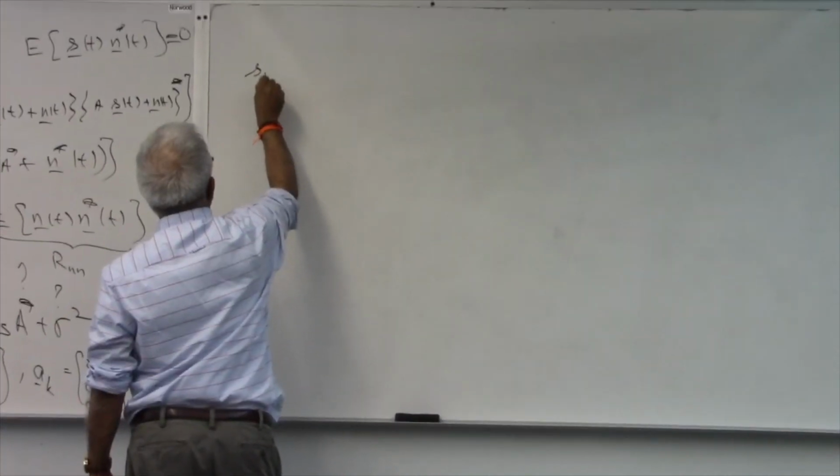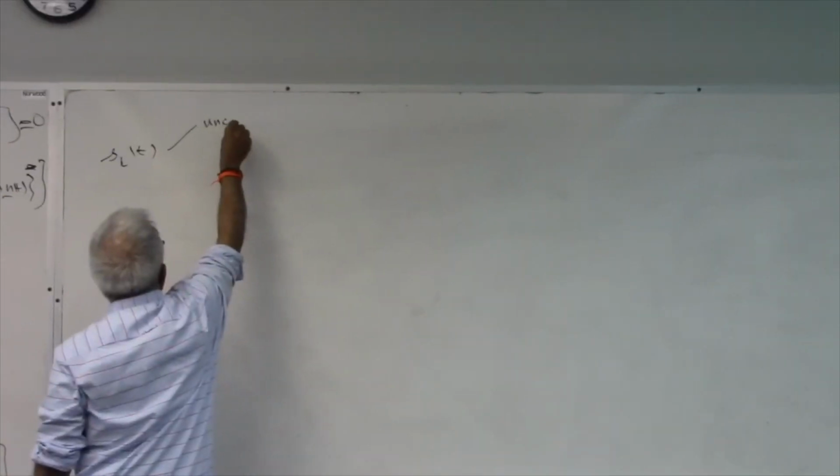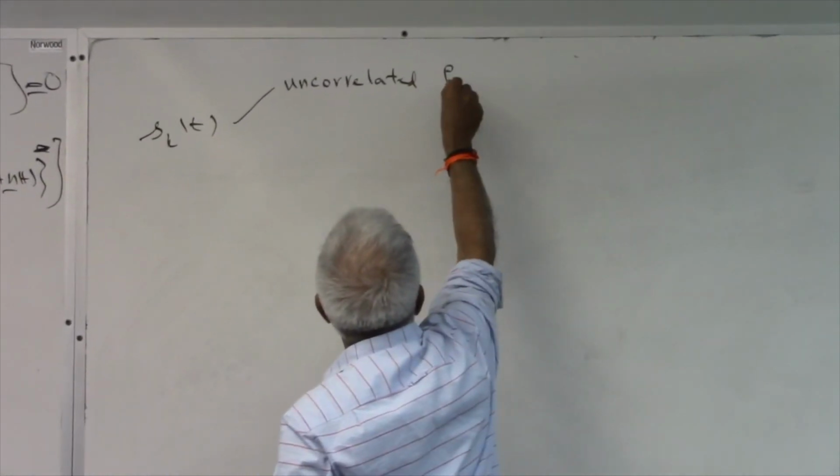Remember, if you look at the sources, I said there are three cases. Uncorrelated sources, that means rho ij is 0.